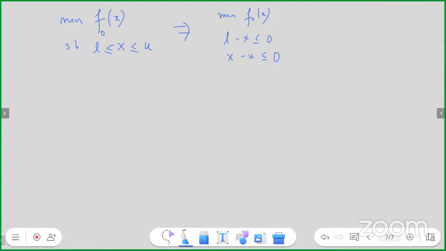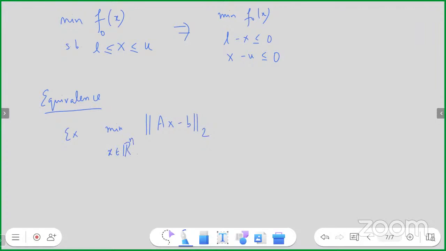Now equivalence. So take for example the norm question you asked: minimize the norm over R^n.